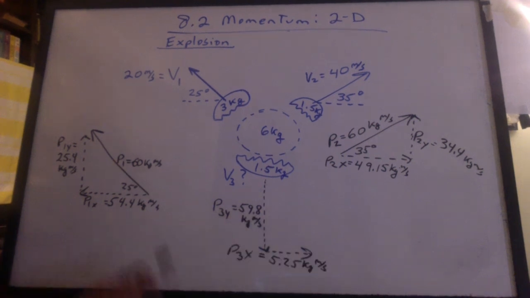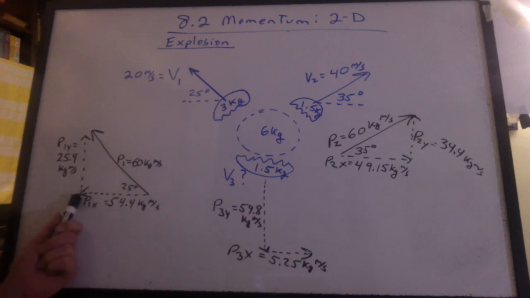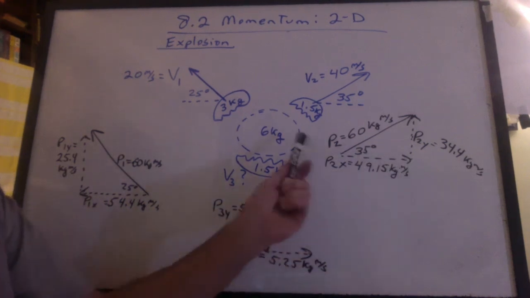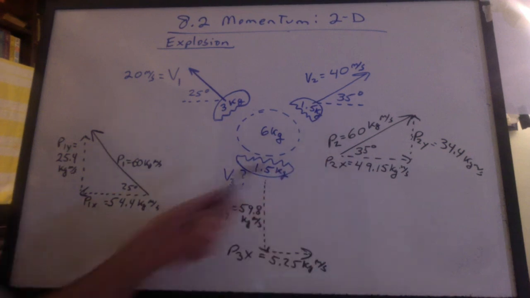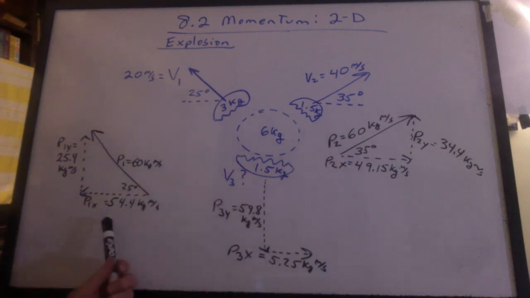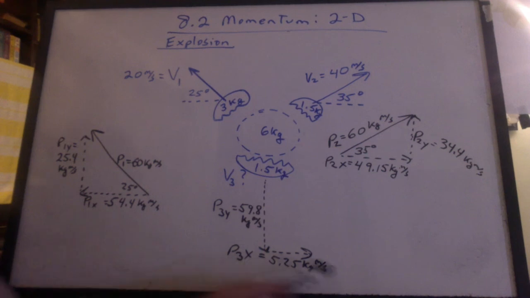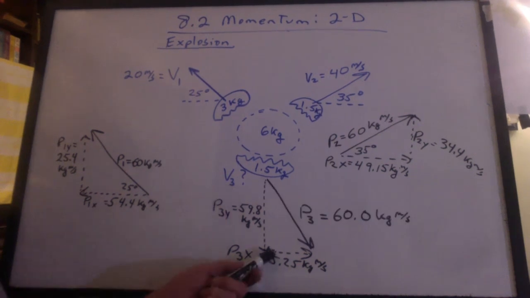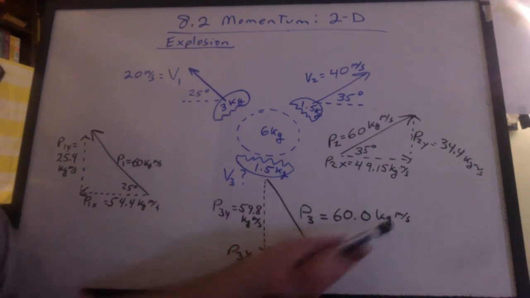Well, if this is 54.4 to the left and that's 49.15 kilogram meters per second to the right, well, that means there's a net momentum to the left. We have to stop that by going to the right. It's 5.25 kilogram meters per second. And the Pythagorean theorem gives us 60 kilogram meters per second.